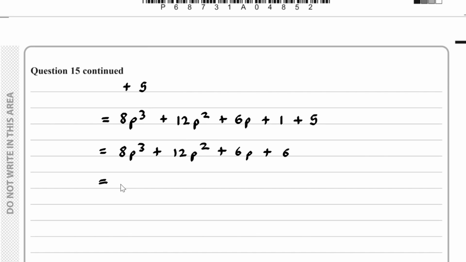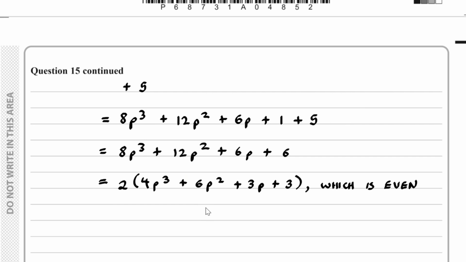And if we take out a 2, then what we've got here is 2 lots of 4p cubed plus 6p squared plus 3p plus 3, and this result is even. So this result here is even.